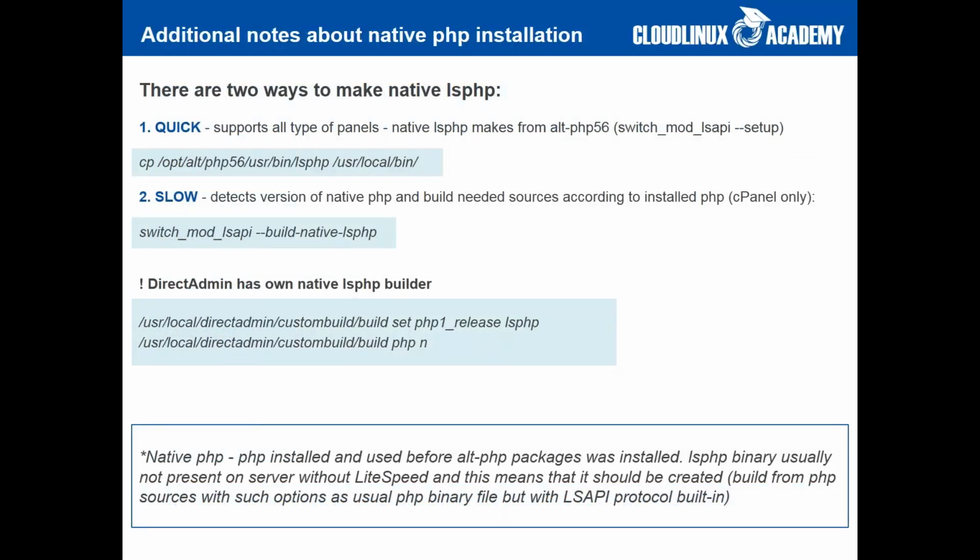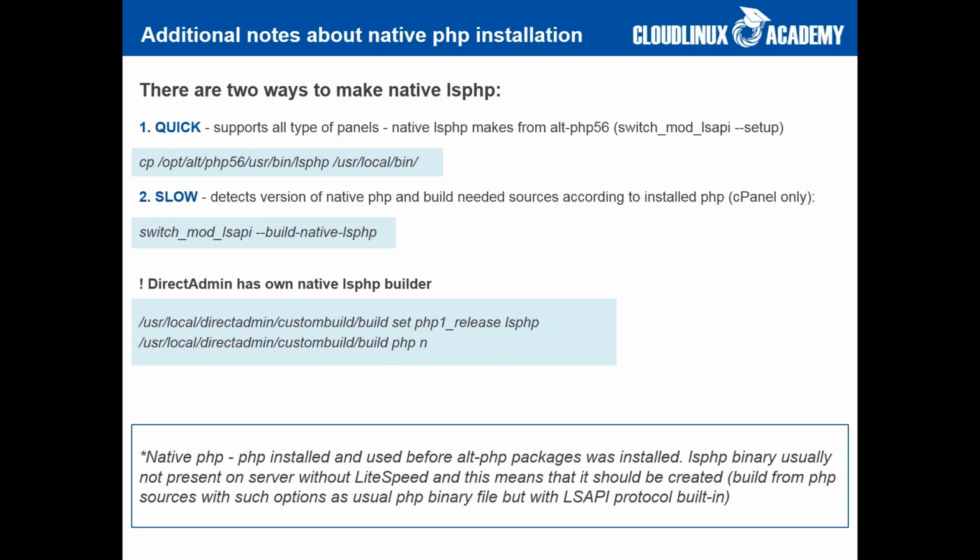The LSPHP binary is usually absent on servers without Lightspeed or without alternate PHP, but it is needed for proper LSAPI functionality. When the switch Mod LSAPI setup script is run, it checks if the LSPHP binary exists. If not, it simply copies the LSPHP binary from the alt PHP 5.6 package.